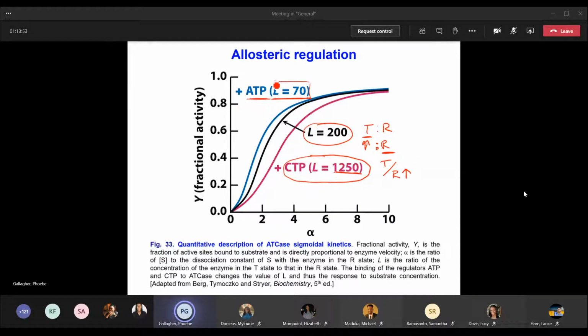That's why when you add ATP, your L is going to be a smaller number than when you add CTP, which makes it a big number. I just wanted to clarify the L's. I don't think she's going to ask about the L values, but just in case you're confused with this graph, I gave you that explanation. But really just understanding how the curve moves is probably good enough.